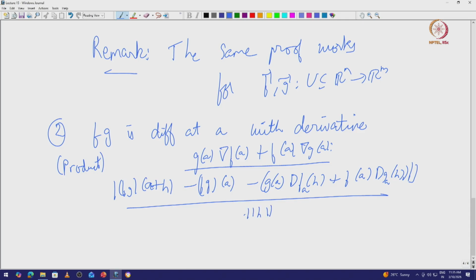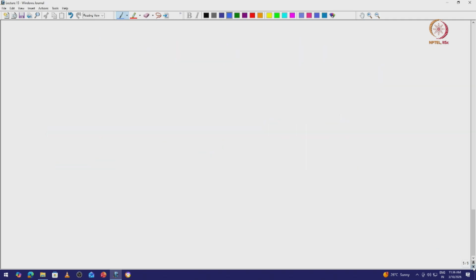Right. So how exactly does this work, right? So if you take f of a plus h and g of a plus h, we know that approximately they are equal to their linear approximation, right? So we'll make this approximation precise by simply keeping track of the error terms. Okay, that's how we can do this.